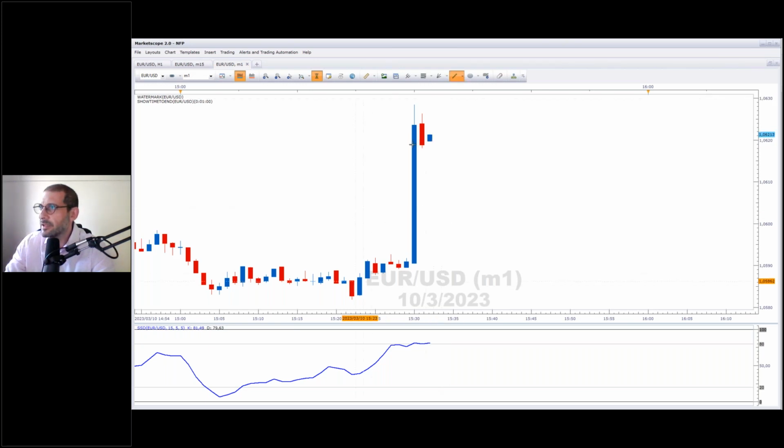It's going to be a tough trade, this. Because there's the impulse. Look at the stochastic. The stochastic's made its way into 80. Okay, so we're getting some sort of pullback. We'll see if we can get the reference candle reversals here. Money now flowing back into the US dollar.